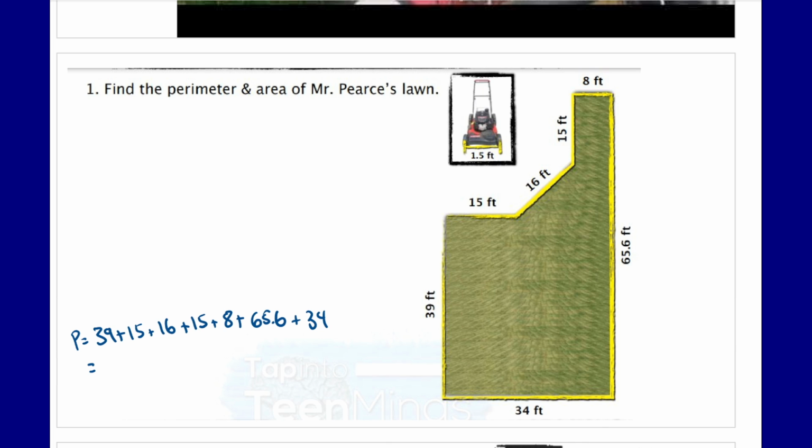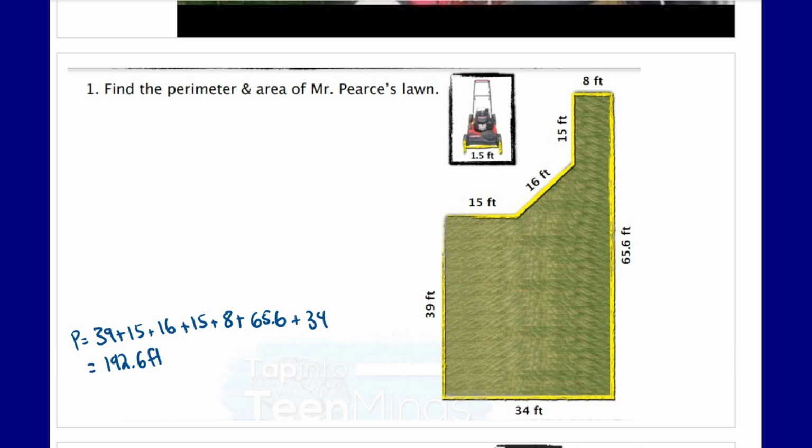We can add up all of the side lengths, and we get a perimeter of 192.6 feet.